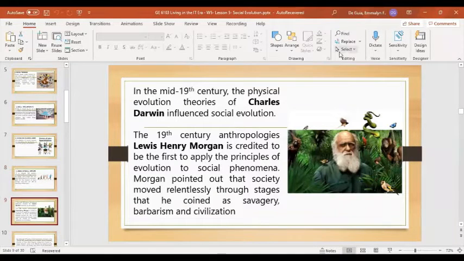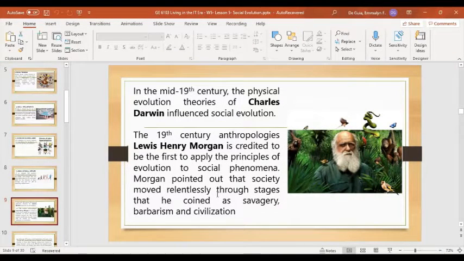In the mid-19th century, the physical evolution theories of Charles Darwin influenced social evolution. The 19th century anthropologist Lewis Henry Morgan is credited to be the first to apply the principles of evolution to social phenomena. Morgan pointed out that society moved relentlessly through stages that he coined as savagery, barbarism, and civilization.